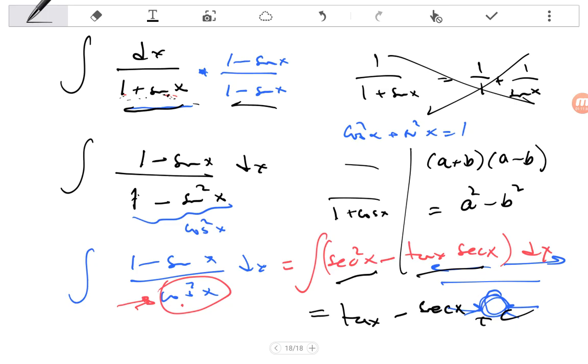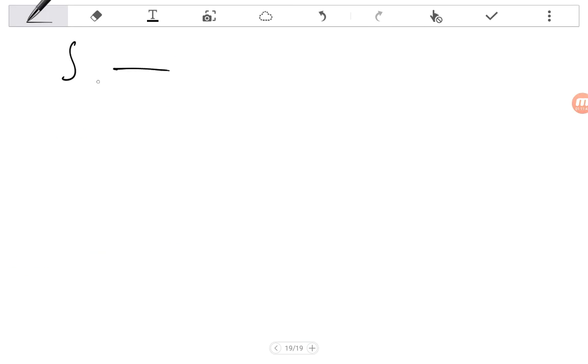For example, if I had tan x plus sec x, or sec x plus tan x, it doesn't matter. I try to multiply it and observe that squaring minus squaring, which is sec squared minus tan squared, I have a rule for this, which is 1.